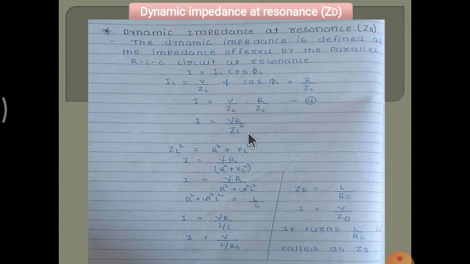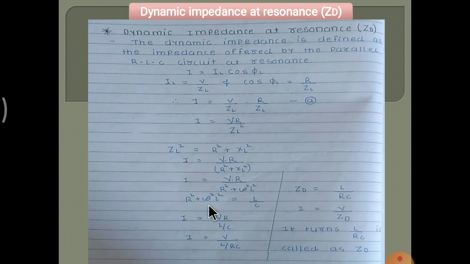Then ZL square is equal to R square plus XL square. Putting this value, I is equal to VR upon R square plus XL square. Then I is equal to VR upon R square plus omega square L square.